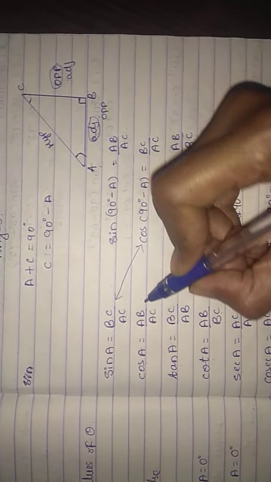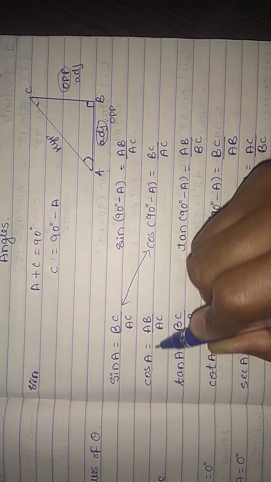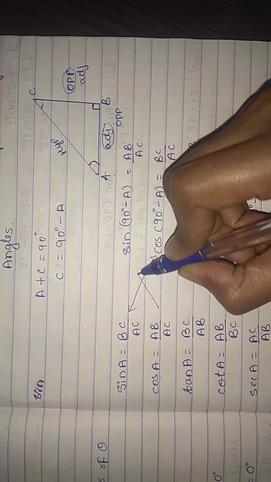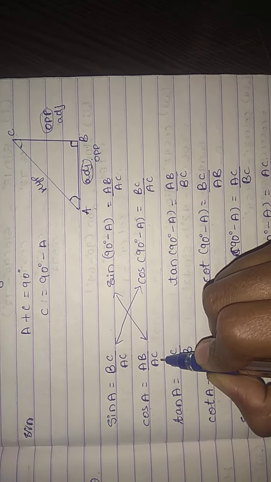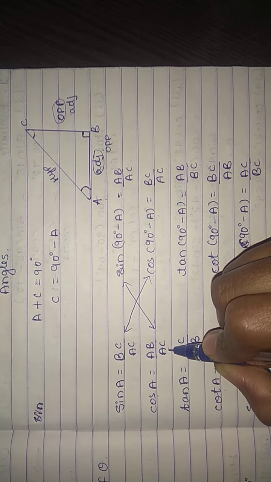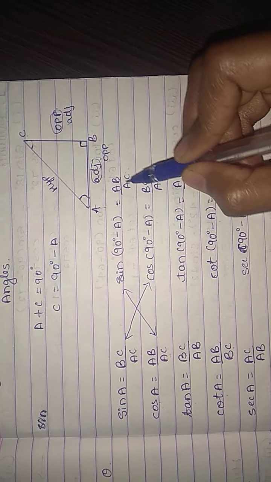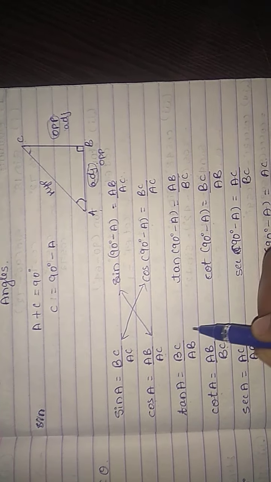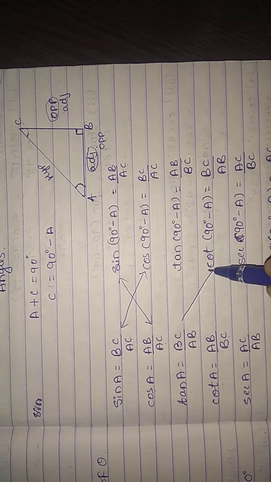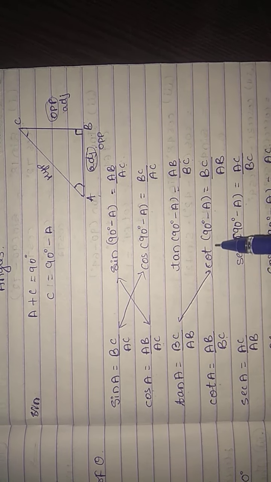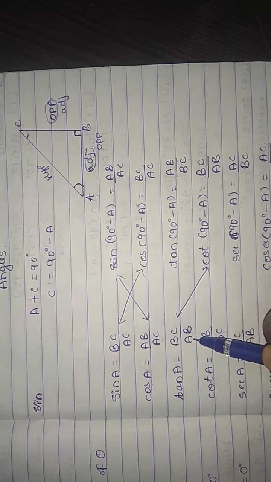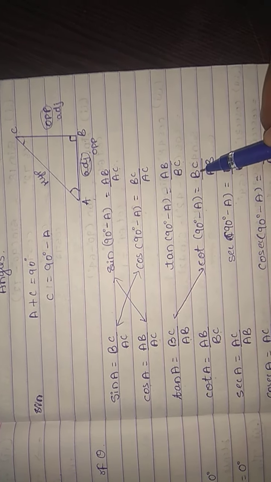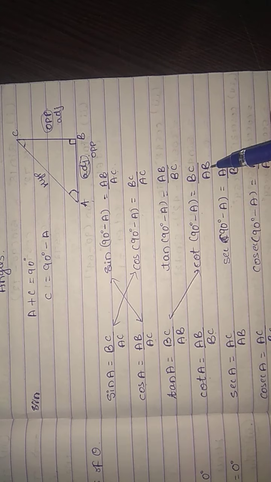Similarly, cos A is equal to sin 90 minus A. Yes. AB by AC, here also AB by AC. Similarly, tan A is equal to cot 90 minus A, because BC divided by AB is equal to BC divided by AB.